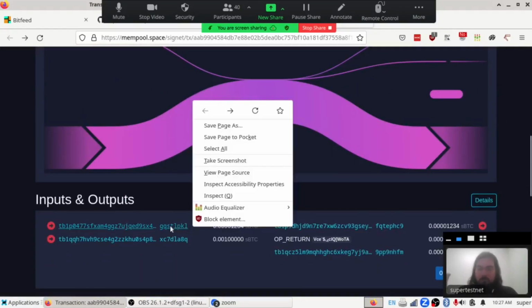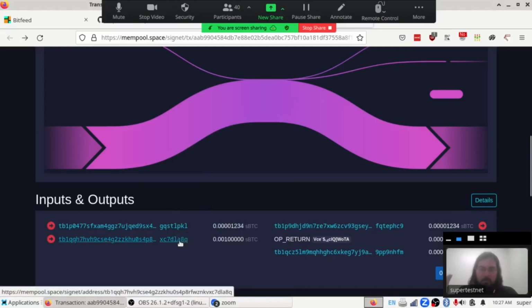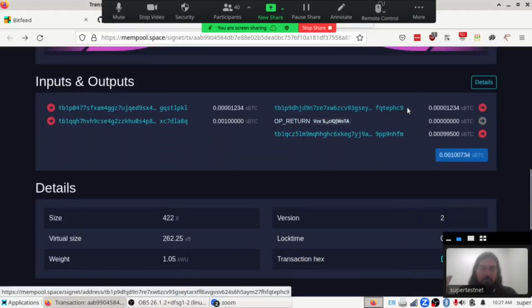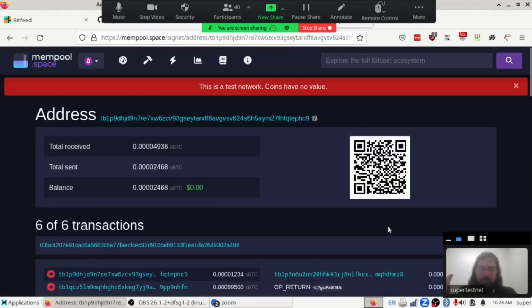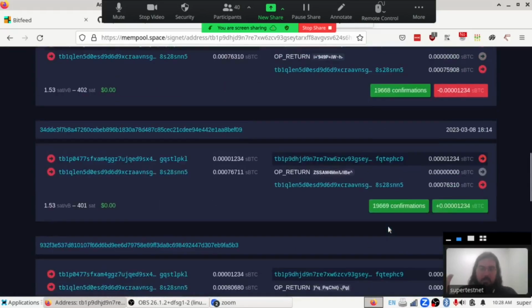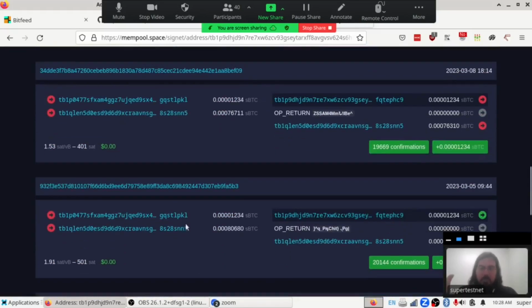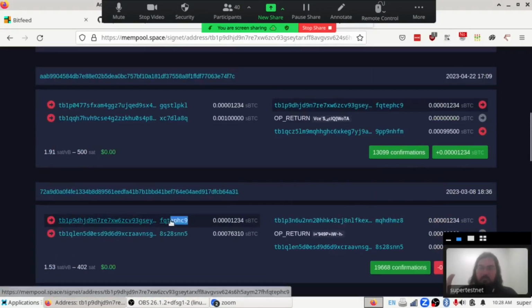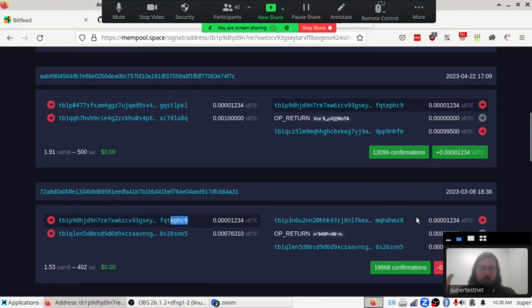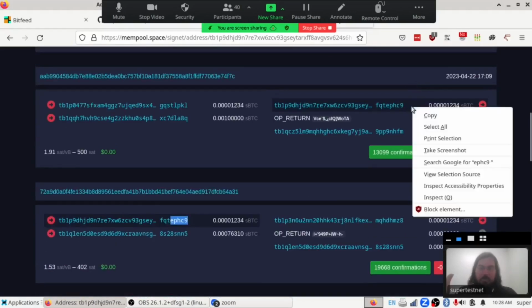He is spending from, and putting this money into, which address is this? PHC9, I think, is the one. If we look at that PHC9 address, yeah, it's got all these transactions coming from it, and they keep on spending out of it and then putting the money back in. They spend out of PHC9 and put the money back into PHC9.